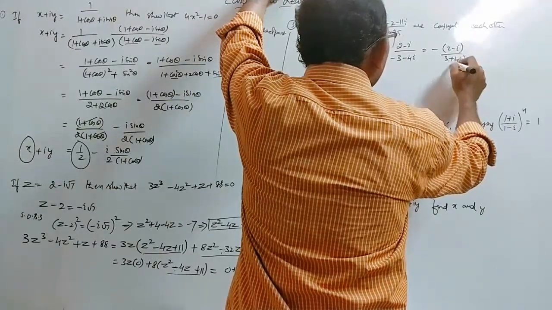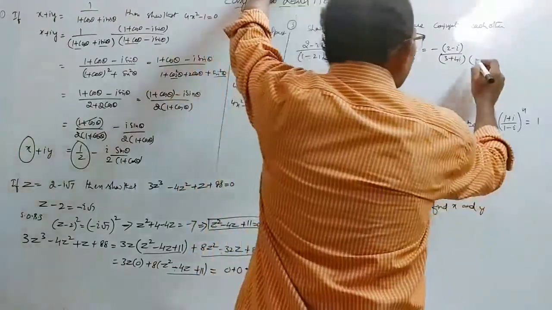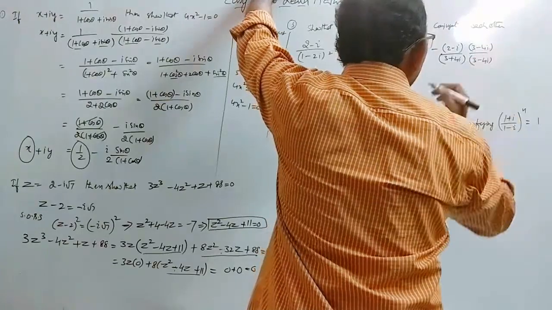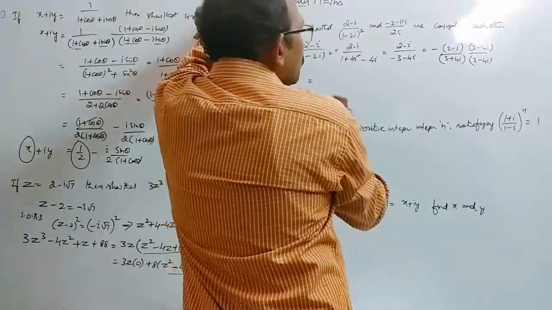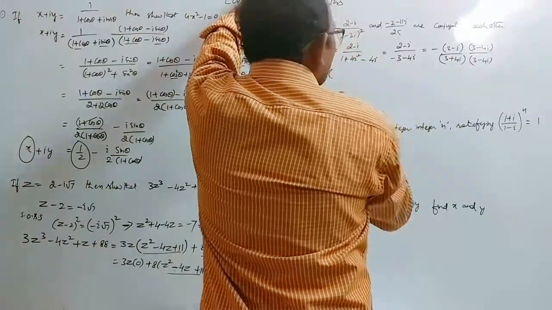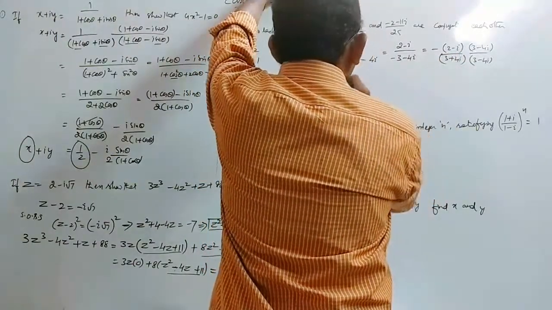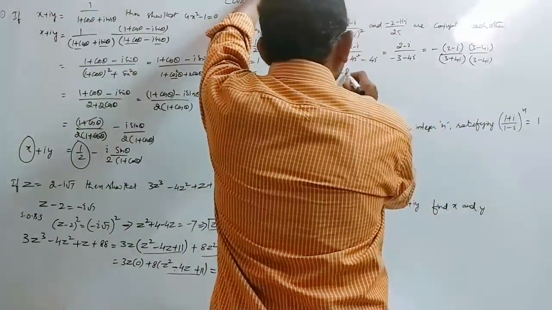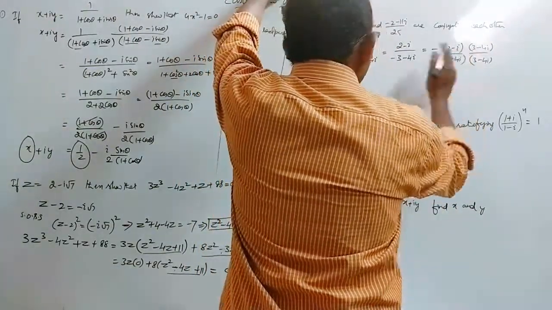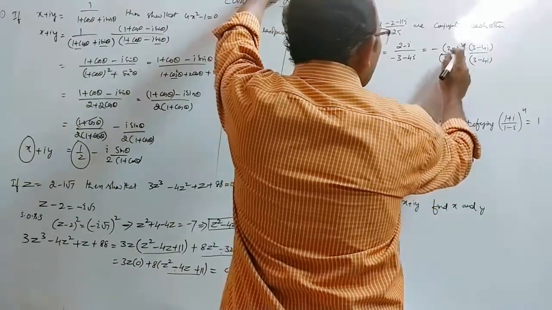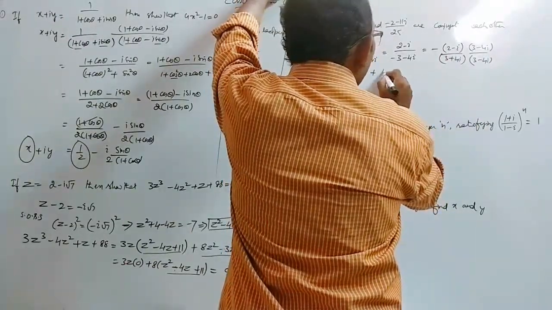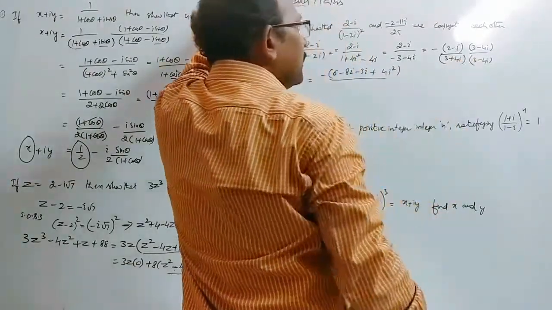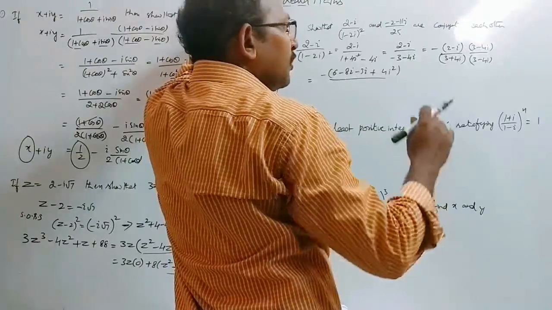Now, let us rationalize with 3 minus 4i, here also 3 minus 4i. Therefore, that is equal to minus of, 2 3s are 6, here 2 4s are 8i, here minus 3i, here minus into minus plus 4i square, by here again (a plus ib) into (a minus ib) is nothing but a square plus b square.